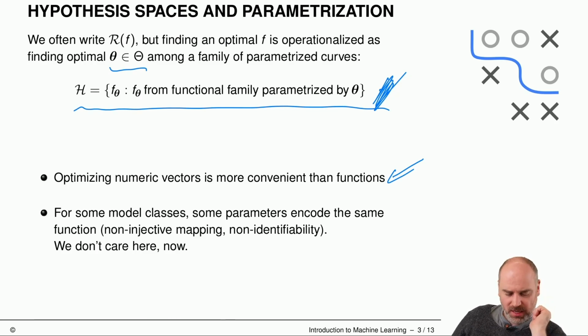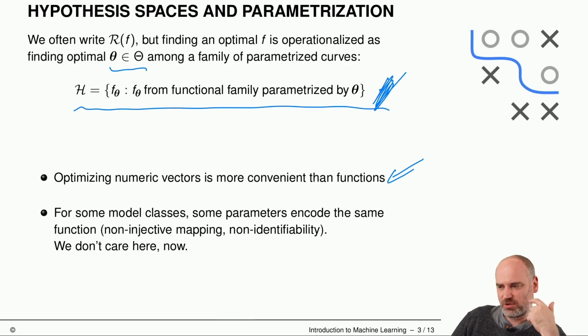Maybe one last caveat. For some model classes, some parameters might actually encode the same function. So this mapping, when we go from parameter vectors to functions, is not necessarily injective. Two parameter vectors might give rise to the same function. This is a potential concern to us if we are worrying about inference on these functions, with statistical inference, interpretation, so to speak.